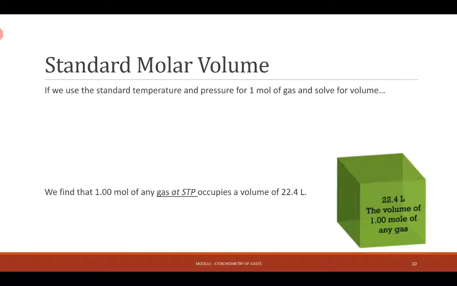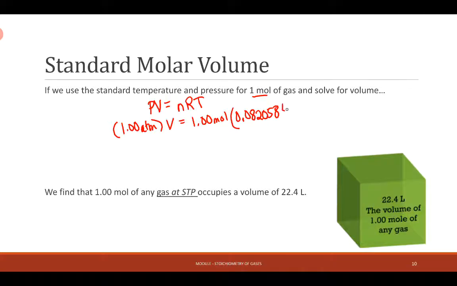So I mentioned on the last slide that if we apply that ideal gas law to our 1 mole of gas at STP, our 1 atmosphere of pressure, we're going to solve for volume for 1 mole of gas. This is in atmospheres, so I'm going to use the R value that's in atmospheres to minimize how many unit conversions I need to do in my life.